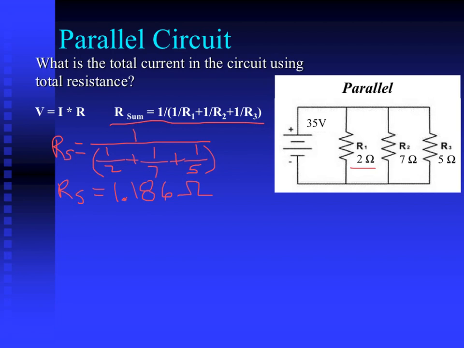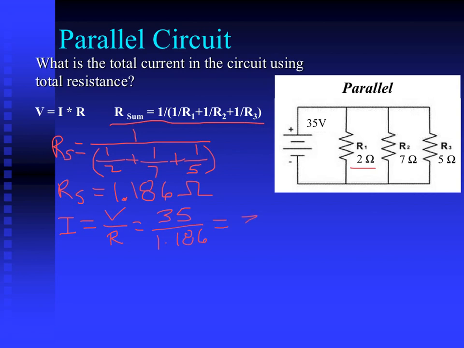So now what do we do to find the total current in the circuit? Well, we use Ohm's law. Current equals the voltage divided by the resistance. So in this case, it's still the 35 volts divided by 1.186 ohms.